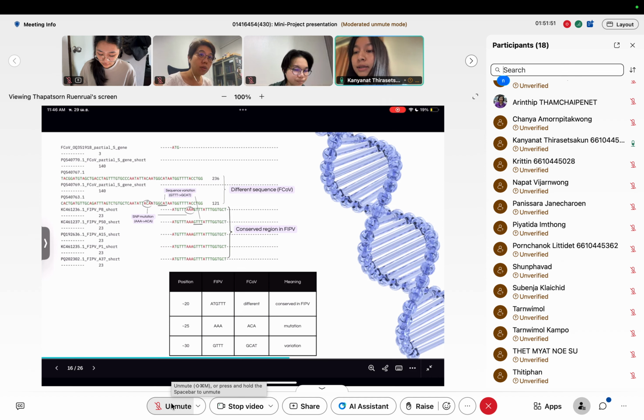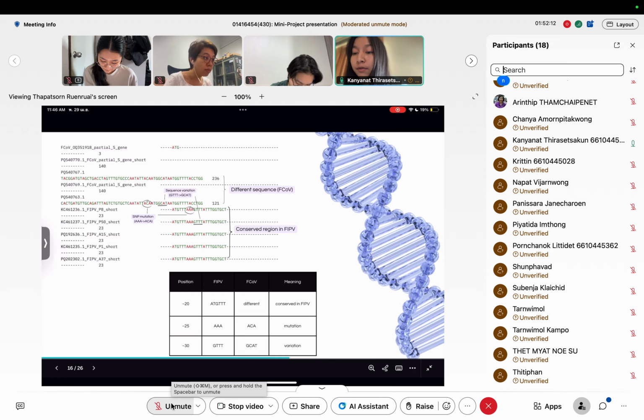And next, we can see SNP mutations, such as the change from AAA to ACA, a single nucleotide change. It is important for distinguishing between the two viruses.